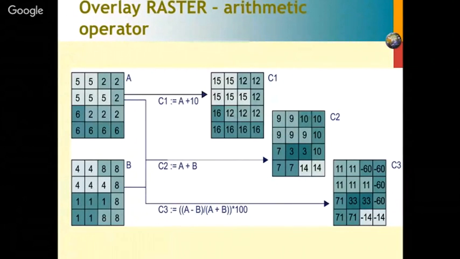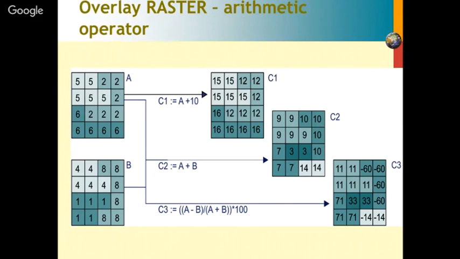In this case a single data set is the input, and the offset is created by a constant value. In the case of multi-raster analysis, we can take different data sets and combine them together, with a simple arithmetic operation like addition of the values of those two layers, and then create an output.